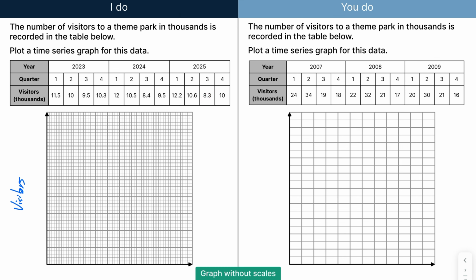So we can start at 8, 8.5, 9, 9.5, 10, 10.5, 11, 11.5, 12.